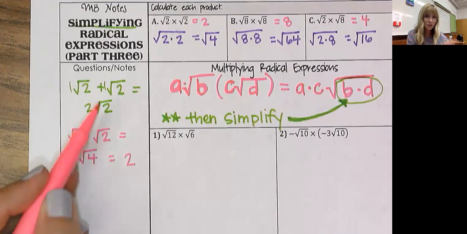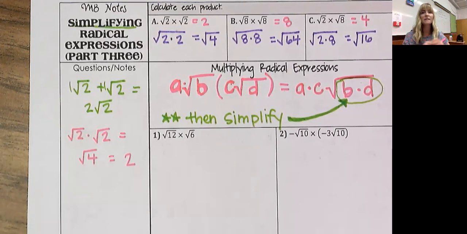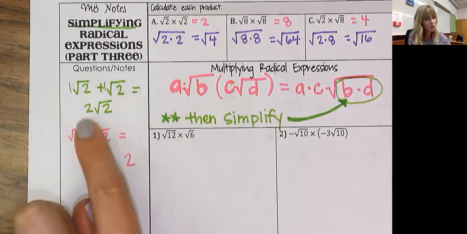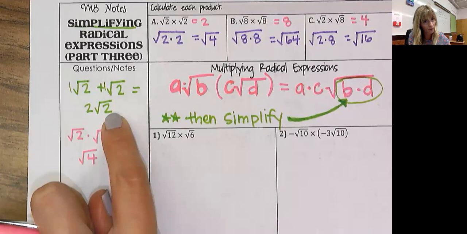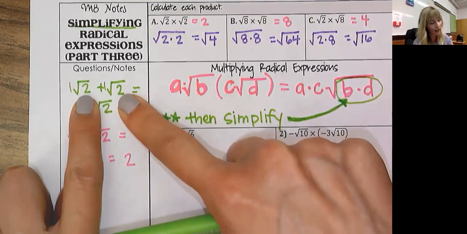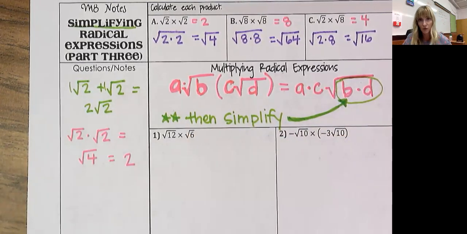So much of mathematics comes down to just how addition works versus how multiplication works. So make sure you have this straight in your brain. Square root of 2 plus square root of 2 is 2 of them, but they're still square roots of 2. Square root of 2 times square root of 2 is 2. Entirely different thing. So when you're adding, don't change the radicand. When you're multiplying, you will change the radicand.